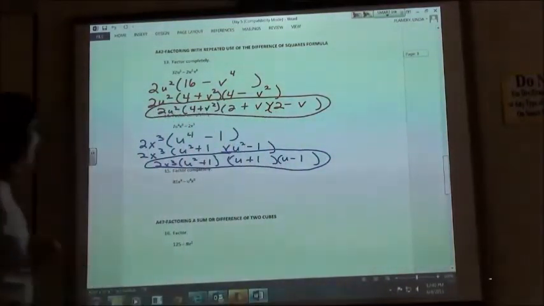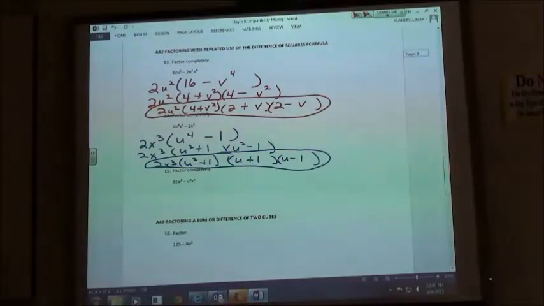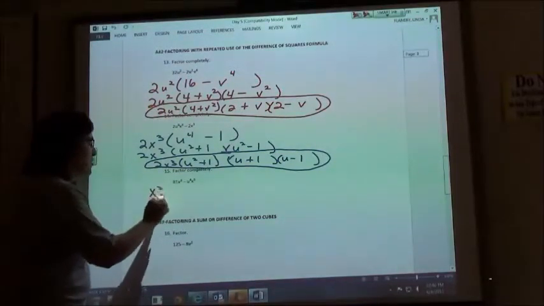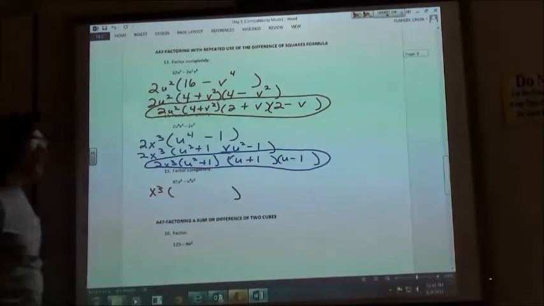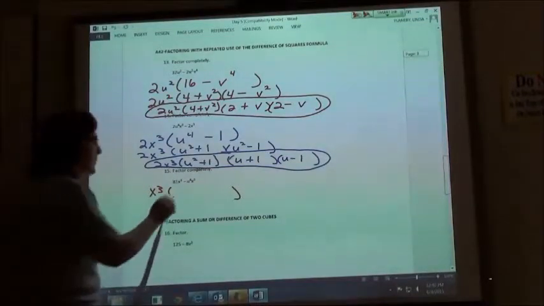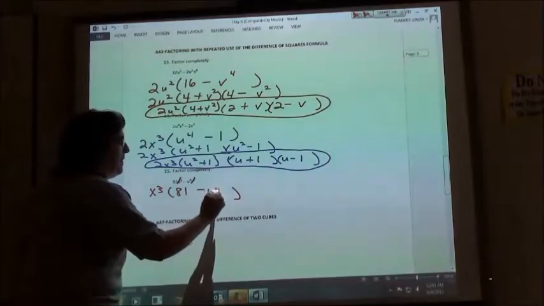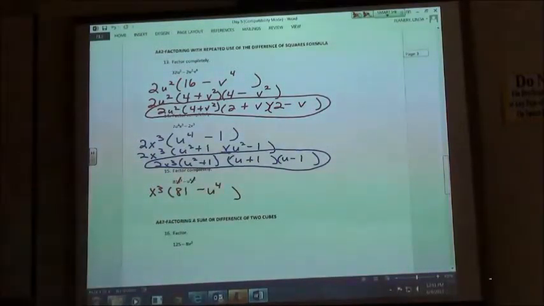And number 15 again says factor completely. The greatest common factor there would be x to the 3rd. If I divide out my x to the 3rd, I'm left with 81 minus u to the 4th.